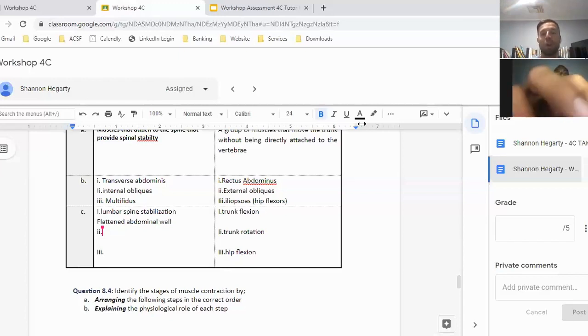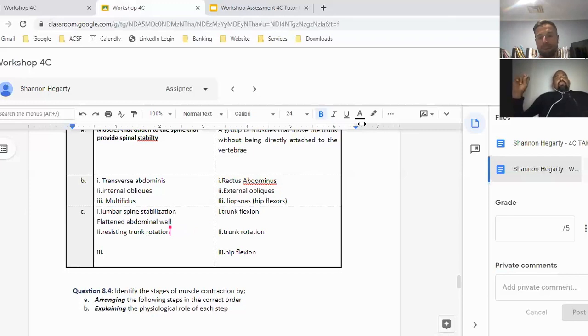So why might that be important for someone, say, a track sprinter? Why would that movement be important to train? Because they have that counter rotation when they're running, engaging their slings.